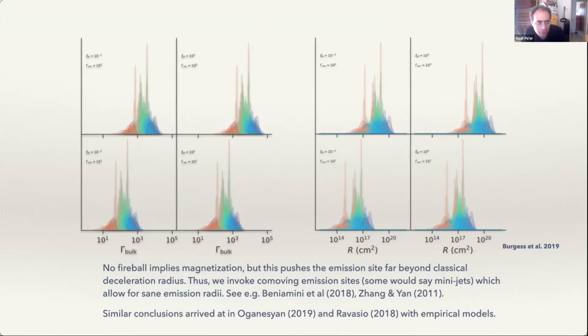But this should be taken only as one ingredient of an entire model, which includes the dynamics, the inner engine, the jet structure, many other things which I discussed yesterday. But this doesn't exist for the photospheric models.